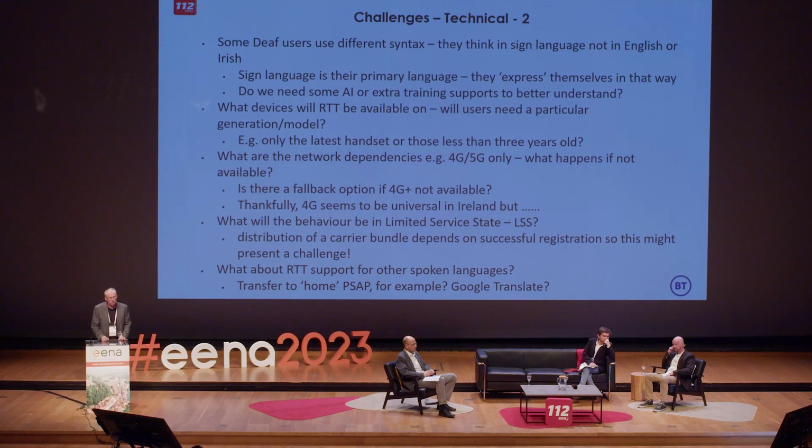And then last but not least, on the technical side, how about real-time text support for other languages? This is a problem that every country will have. Obviously, you have your own native language or languages, but particularly for visitors or for temporary residents. An idea might be to transfer this call to the home Peace app of the caller.